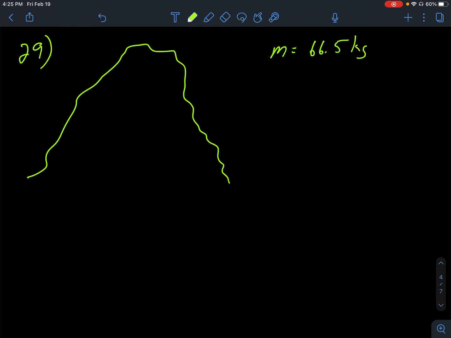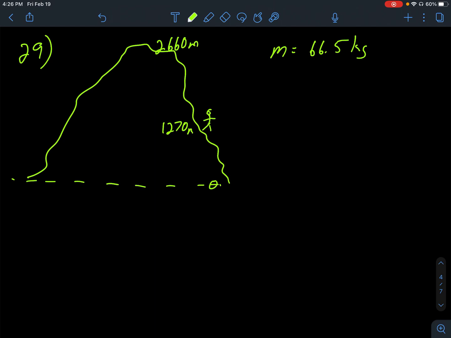Starts at an elevation. So if this is our 0 mark elevation, and he starts at around 1,270 meters, and he hikes to the very top, which is 2,660.